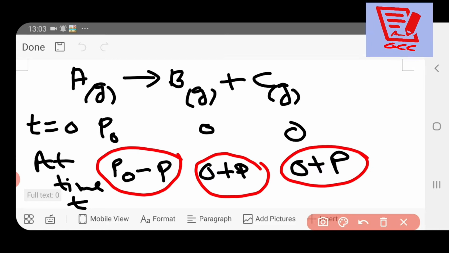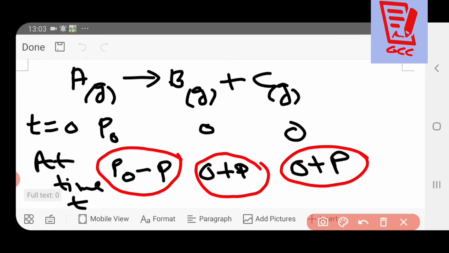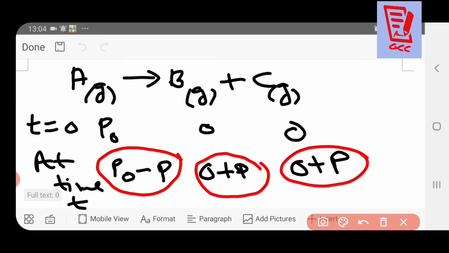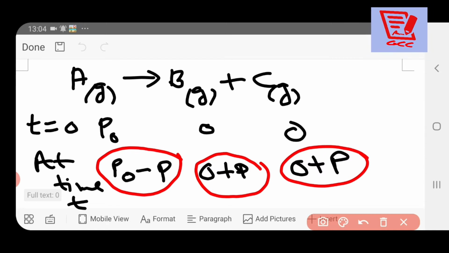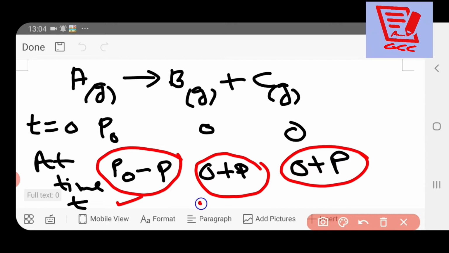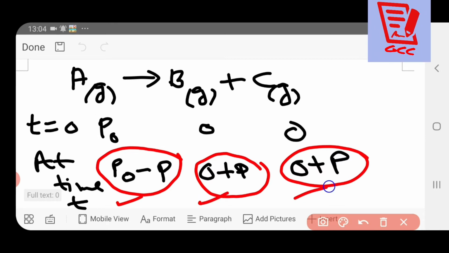Okay, then after that we have to find out the total pressure. When we have to find out the total pressure, we will add these.